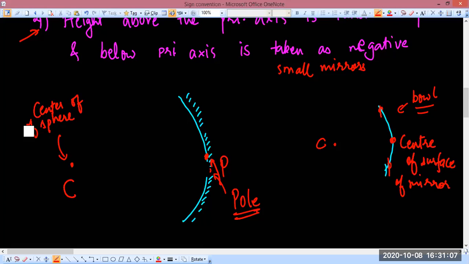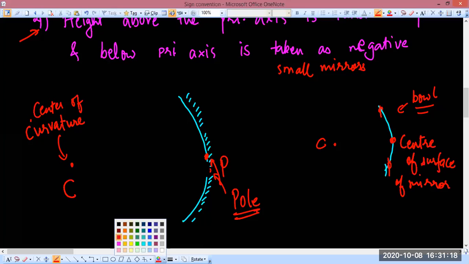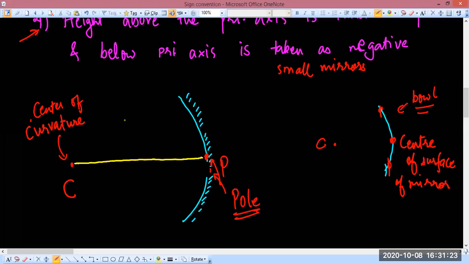Okay, and this point is called center of curvature. And the straight line that joins these two, it's a line, remember, it goes forward, backward, in all directions. This line is called principal axis. Okay, all this is clear?